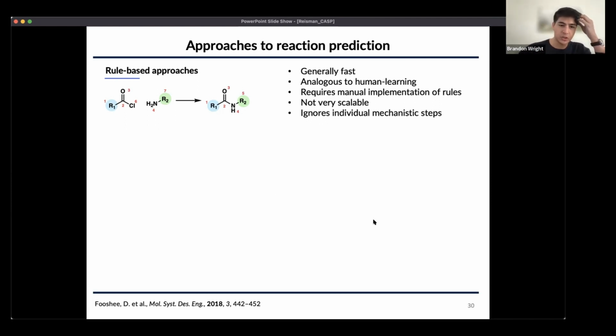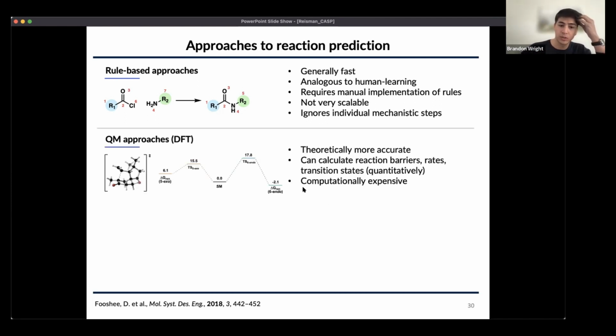One solution to that issue is to approach it with quantum mechanical methods, like with DFT, where you can really start to look under the hood of a reaction mechanism and enumerate different reaction barriers or transition states, and even sometimes quantitatively predict what product distributions might look like through these theoretically much more accurate methods. As we know, DFT, unfortunately, is pretty computationally expensive.